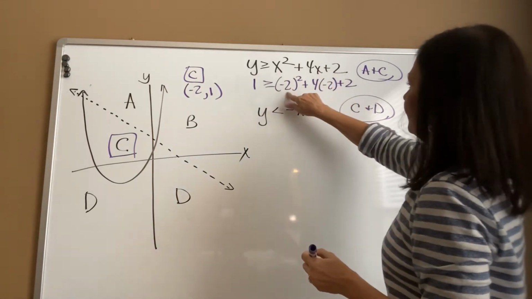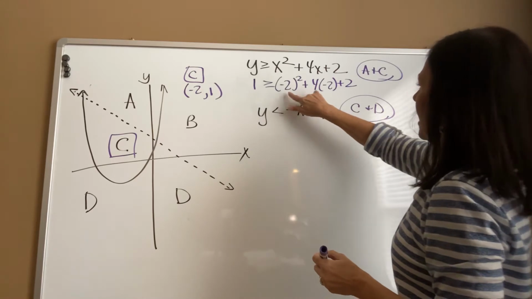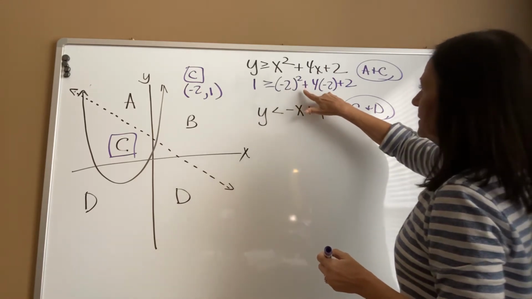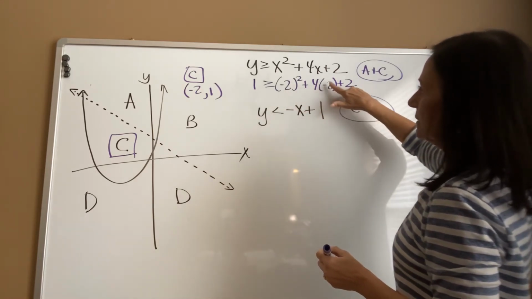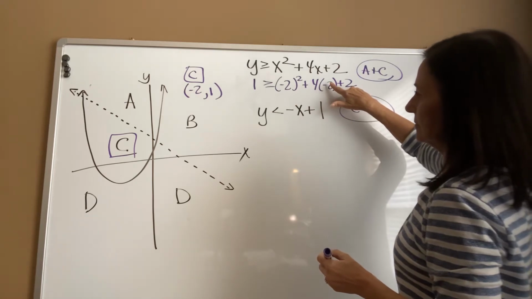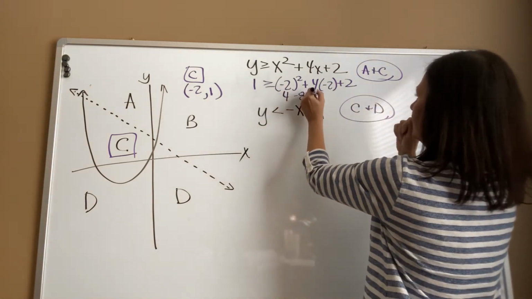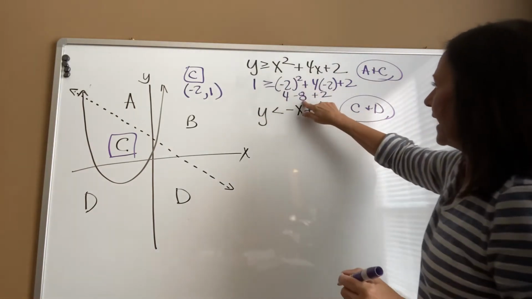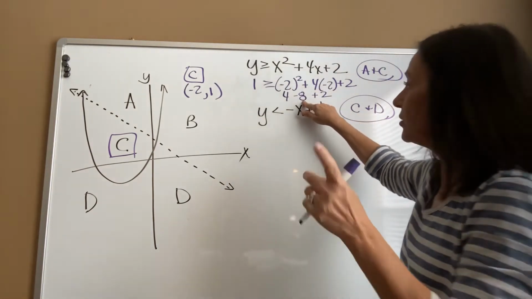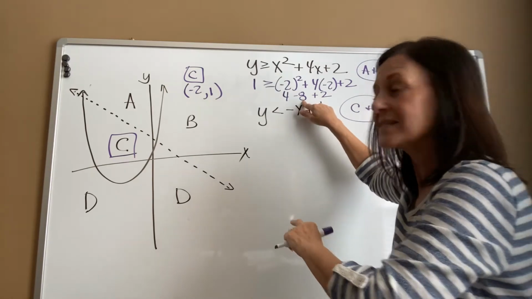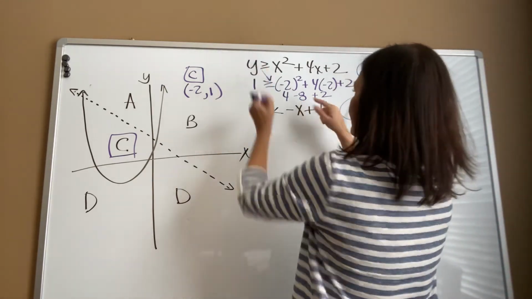All right, that's 4 minus 8 plus 2. 4 minus 8 plus 2. That's going to be a negative number. That's negative 6. Is 1 greater than negative 6? It is. So that one works.